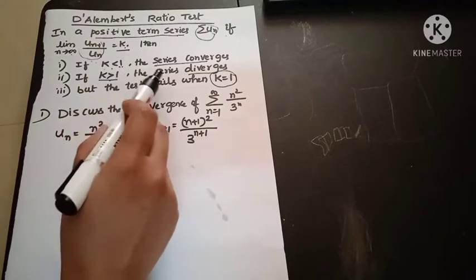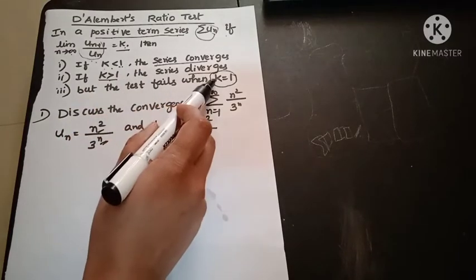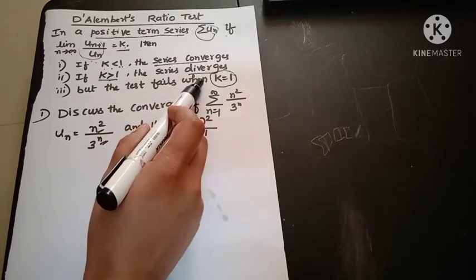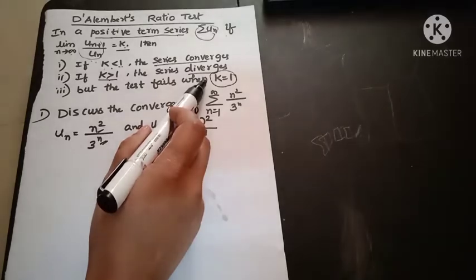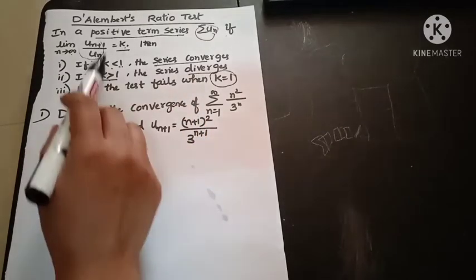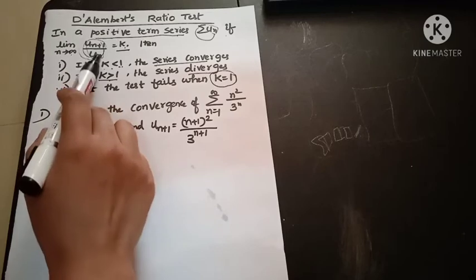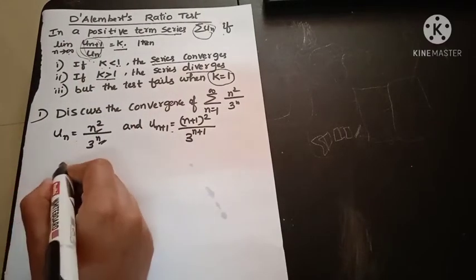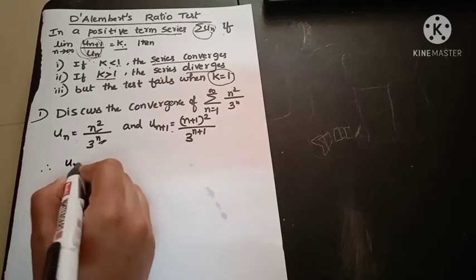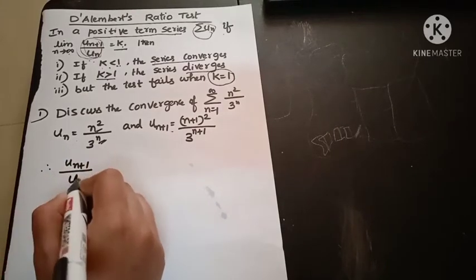If it's greater than 1, it diverges, and when k is equal to 1, it fails. So we need to apply some other tests like the comparison test, or the property of the infinite series. So next let us find this value, the ratio u(n+1) by u(n).